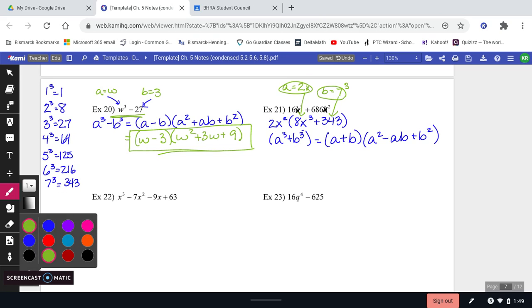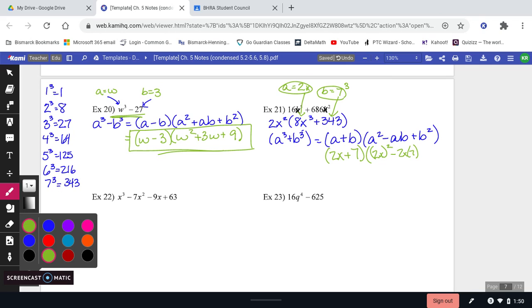Okay, so now let's use what we know is A and B and follow this through. So A plus B. A is 2x plus, what's my B? 7. A squared. Now that's going to be 2x and the whole thing gets squared. Some people forget to square that too. All right, and then minus A times B. Well, A is 2x and B is 7, so you're going to multiply those together.